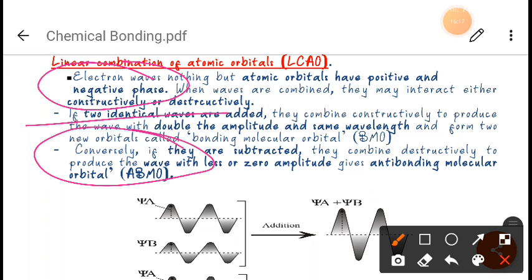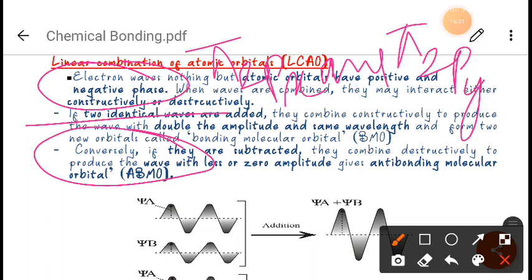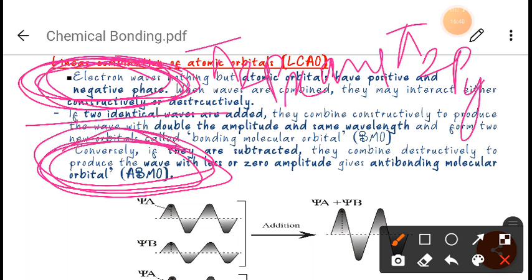It was pi 2px, and if we take pi 2py it will be the same. One region is this and another region is this, above and below the plane. And this plane is called the nodal plane, as I have already told you.